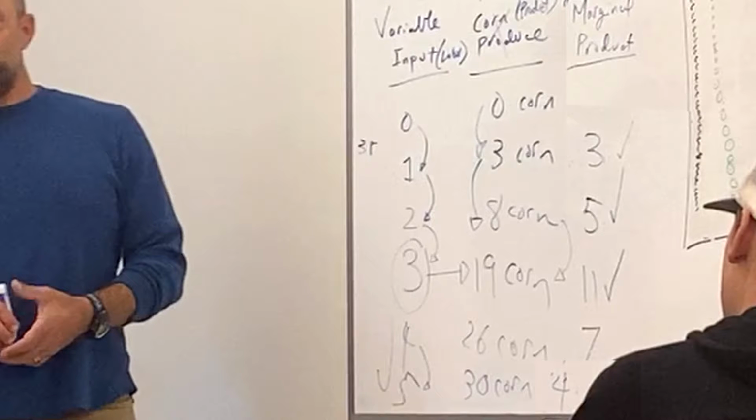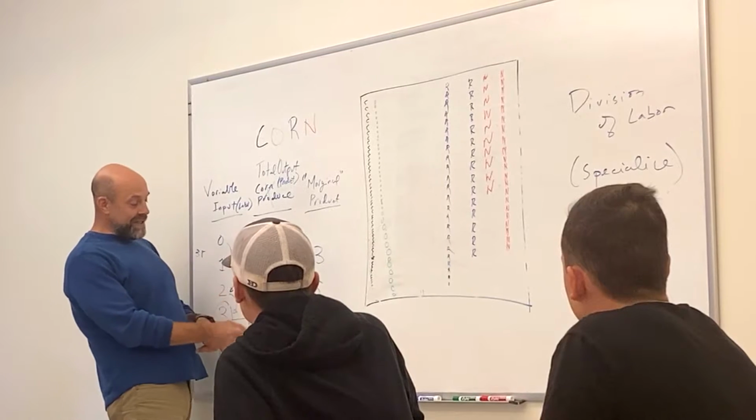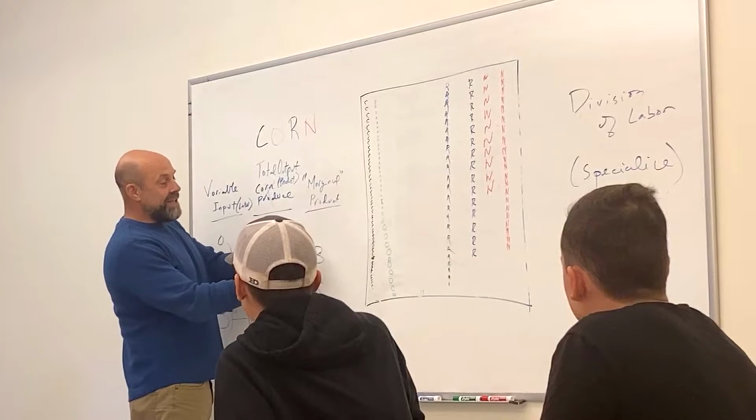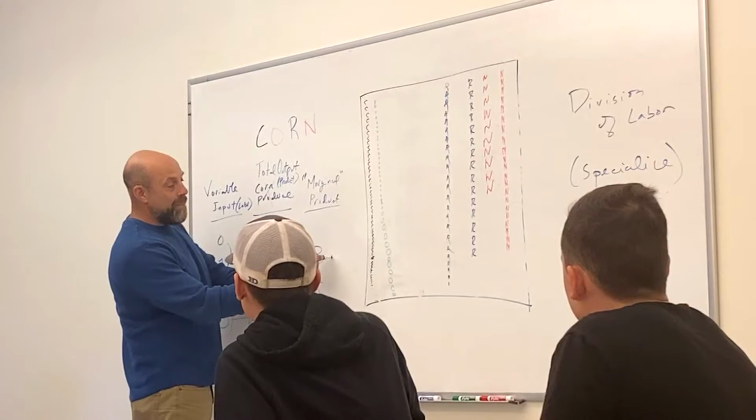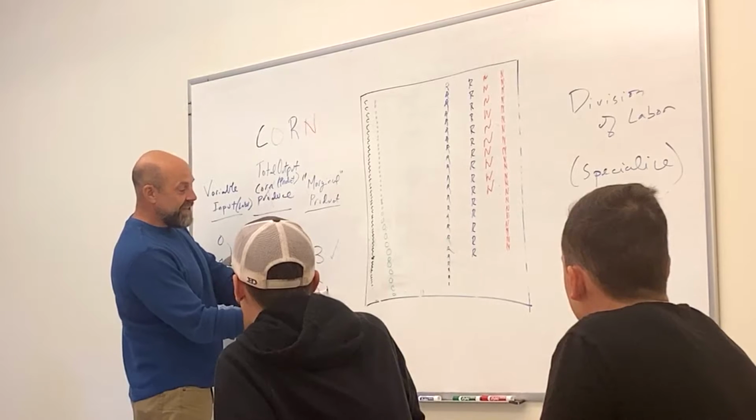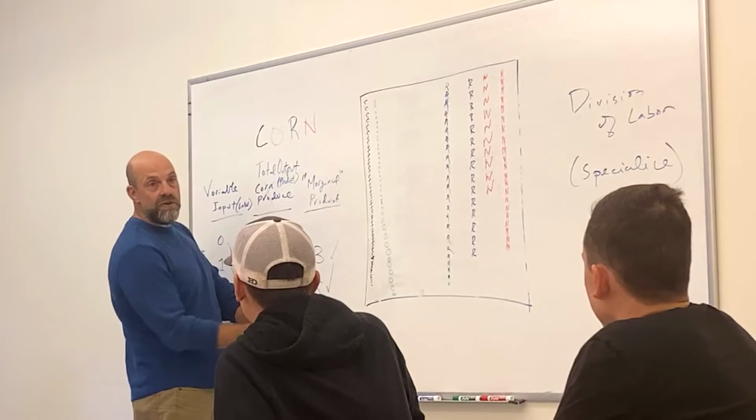Initially, as we began to specialize our labor in C's and O's and R's and N's, we got more productive. In other words, our marginal product increased. Not only did total product increase, but the addition of each unit of labor got better for the first, the second, and the third unit of labor.